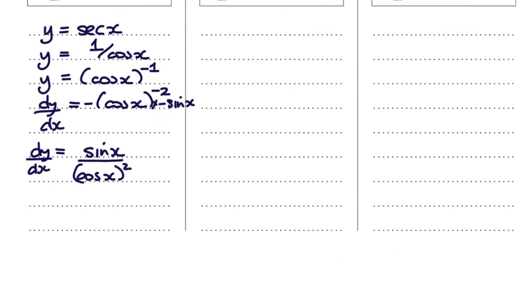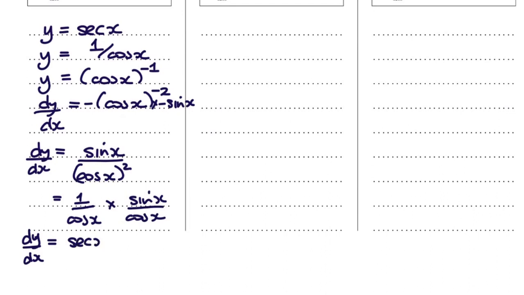Okay, now if you split that up, this is 1 over cos x multiplied by sine x over cos x, so therefore dy dx is sec x tan x.